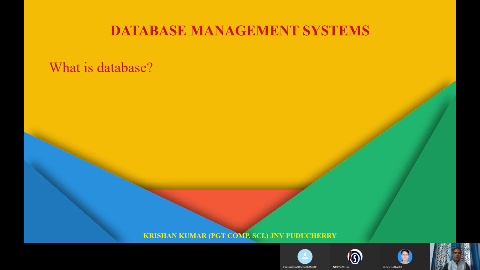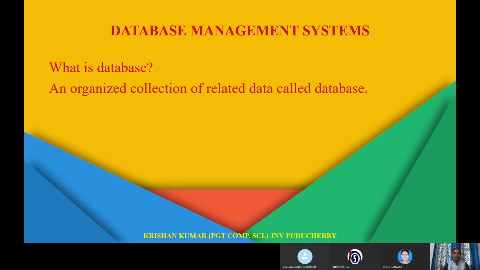Now, let us discuss what is database. Data is over, information is over. Now let us understand what is database. An organized collection of related data is called a database. If you are organizing data, which is called information, and if the data is related to multiple tables, not only from a single one, suppose just take an example of paper-based data, where in one file you have made stock entry, another file you have made for all kinds of sales and purchase.